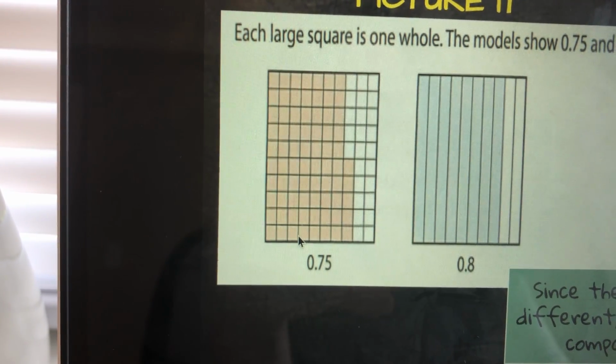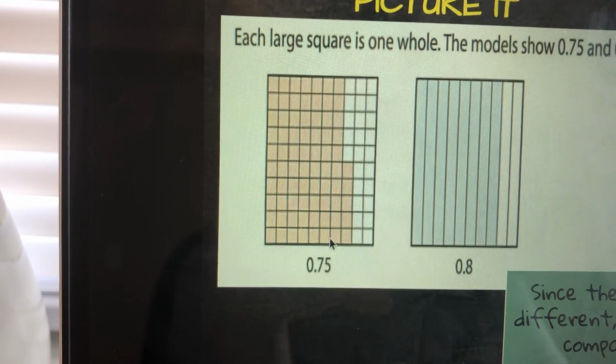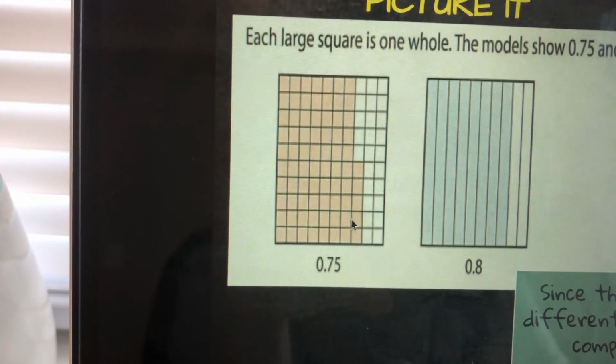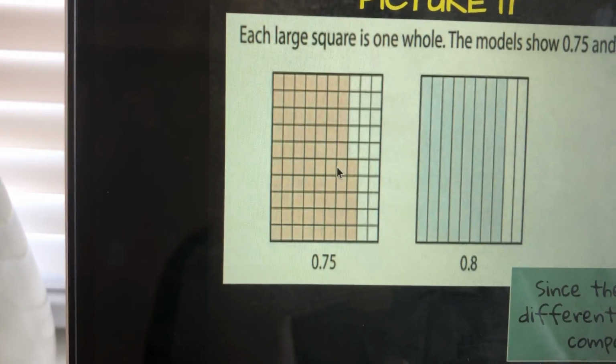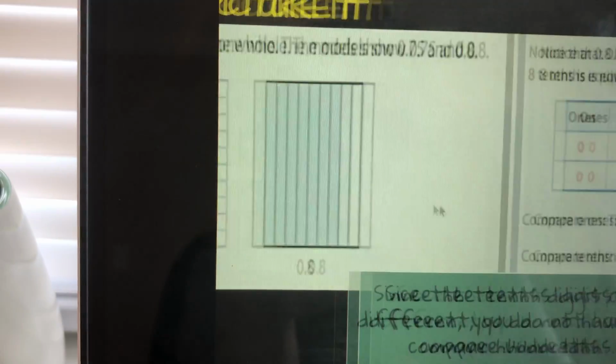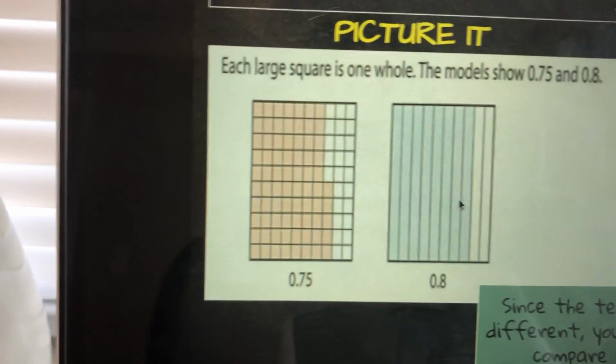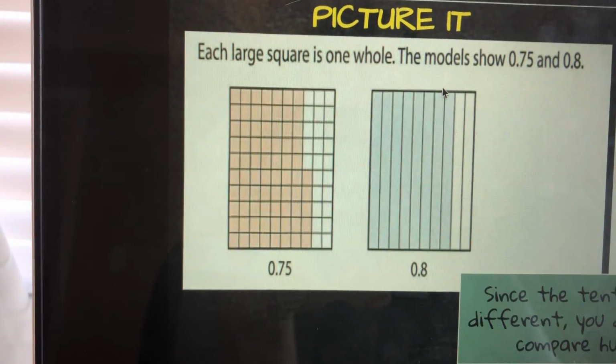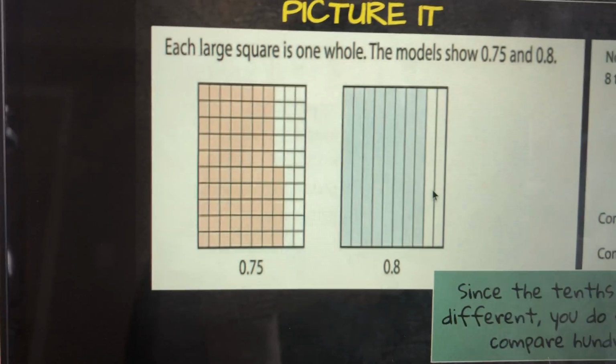They have 7 whole bars, but then on this one, it's only half. Where, this one has a whole other one. So we know this one's more.